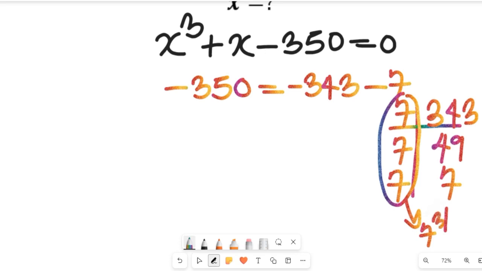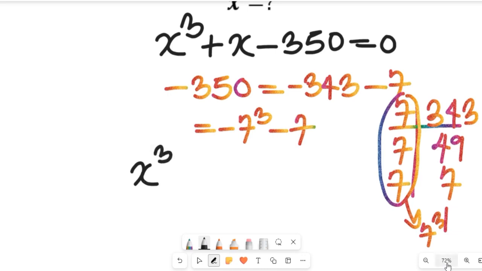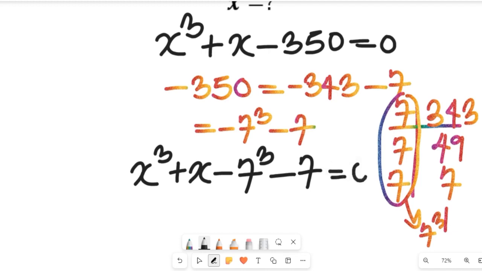That means I can simply replace my negative 343 with 7 to the power of 3 minus what? 7. So that expression will now give me x to the power of 3 plus x minus 7 to the power of 3 minus 7, and this will be equal to 0.